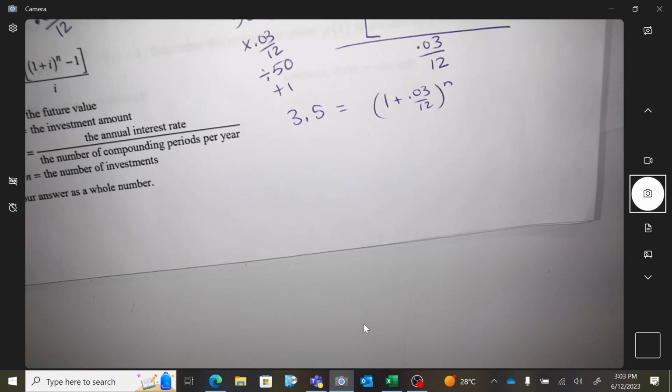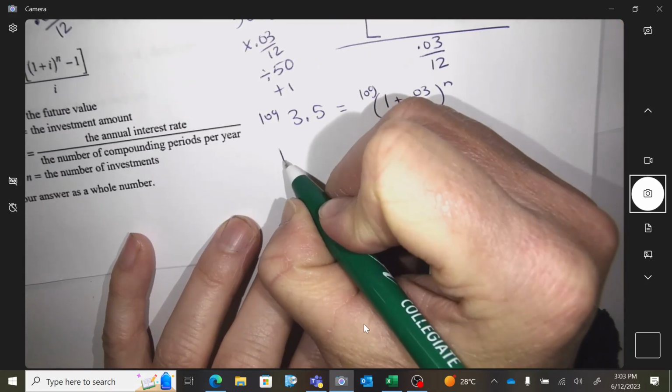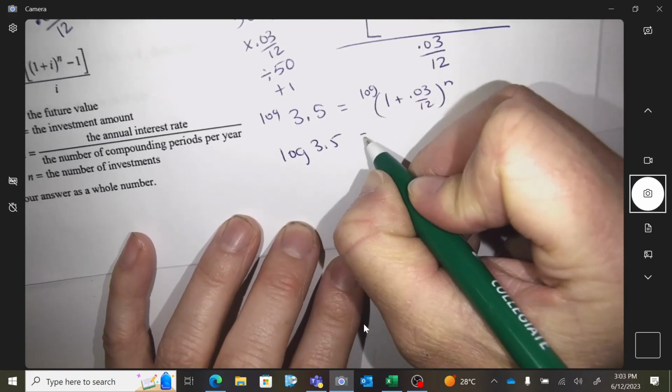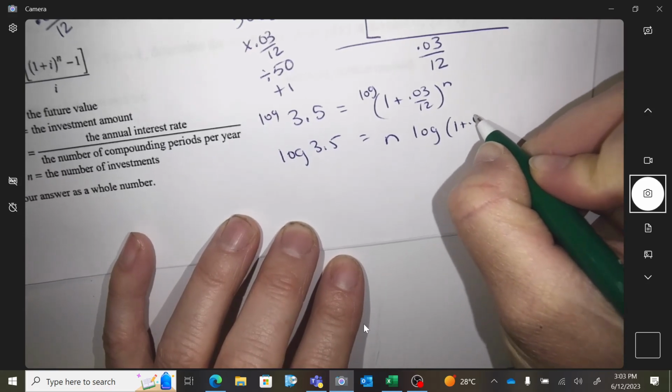We're in an exponential equation. Our variable is on the top in that exponent spot. You can't do any math. There's no other math operation. So how do you get the exponent to come down? Log. You log both sides, and then that helps us activate the rule to bring the n in the front.